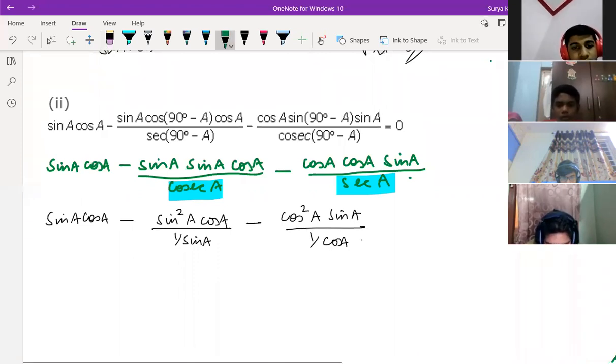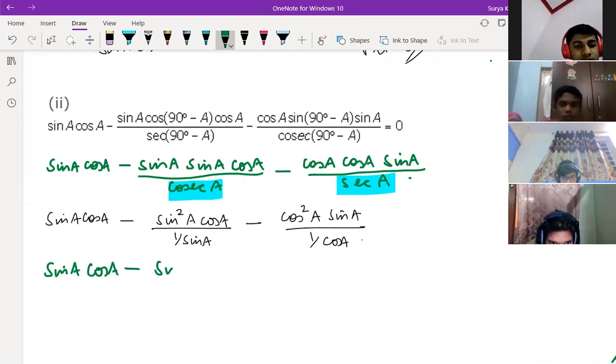Okay, now what we can do here is sin A cos A as it is, minus sin square A cos A, and multiply by sin A, right? No, sir. I was saying that it will be formed as sin cube A cos A minus cos cube A sin A. Obviously, if you multiply, it will come like that.